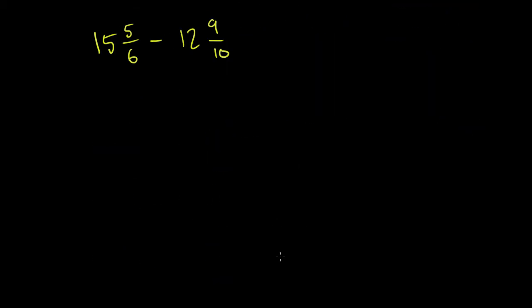In this one I'm going to do 15 and 5/6 minus 12 and 9/10. And I'm going to start by using my trick to find a common denominator. So I'm going to use this denominator to multiply this fraction by, and I'll use this denominator to multiply the other fraction.